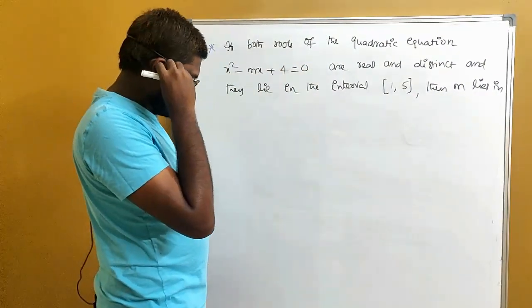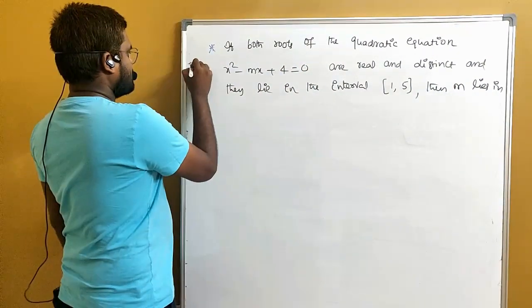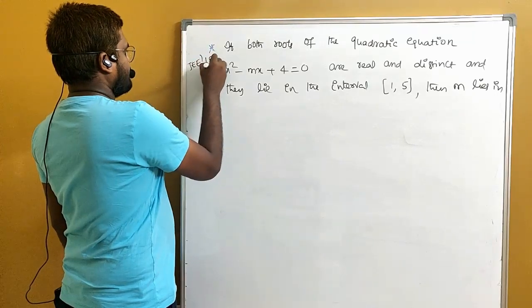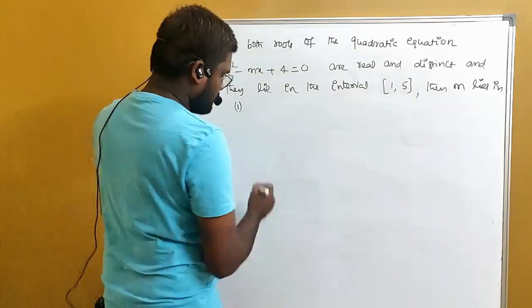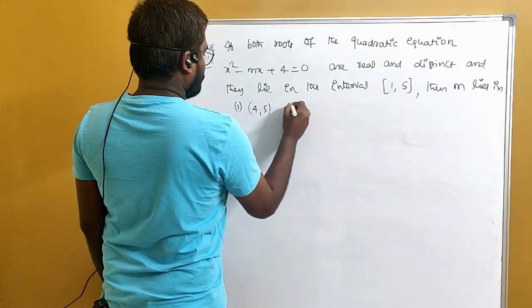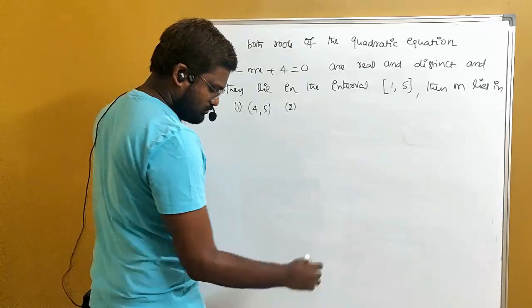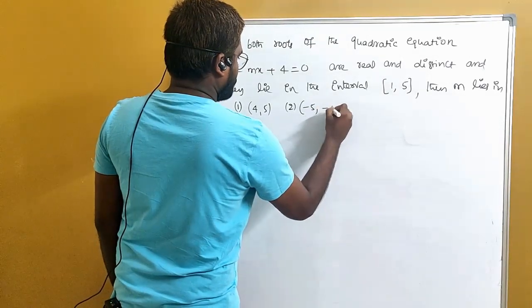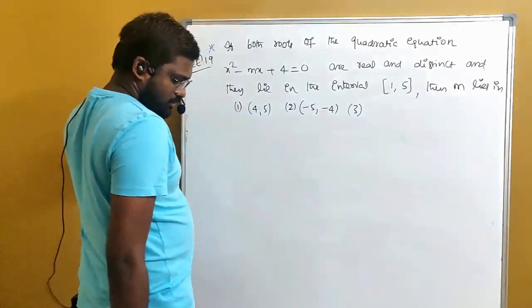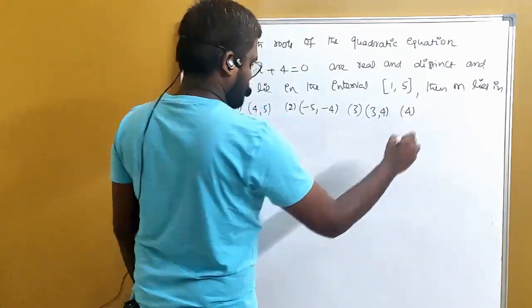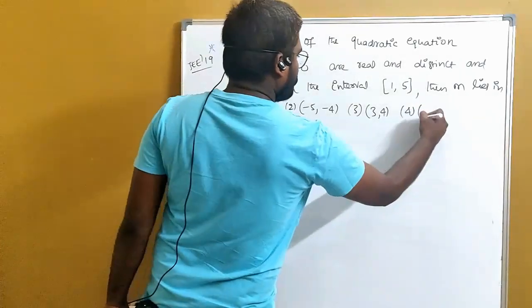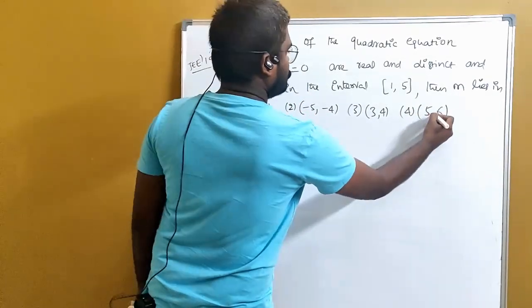So this is the question he has given, and this is a JEE 2019 question. Now the options are option 1: 4, 5, option 2: minus 5 comma minus 4, option 3: 3 comma 4, and option 4: 5 comma 6.